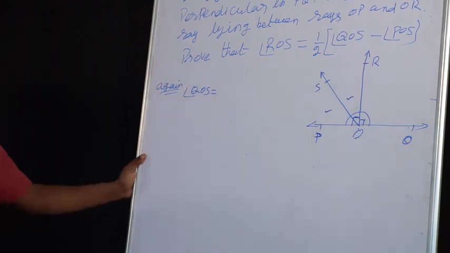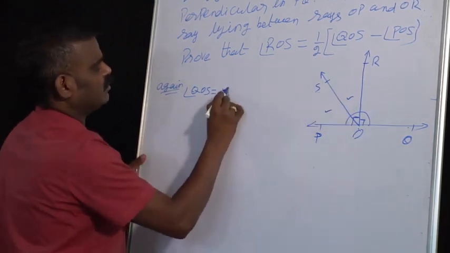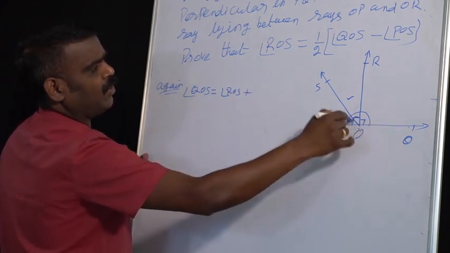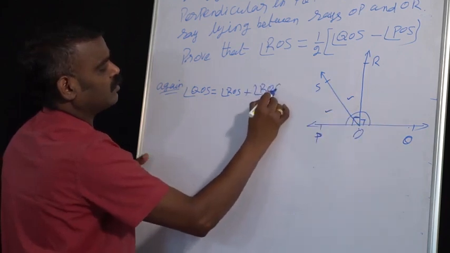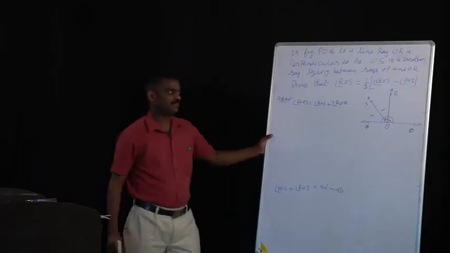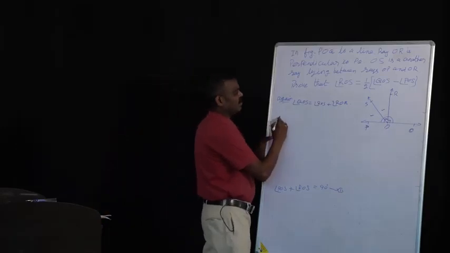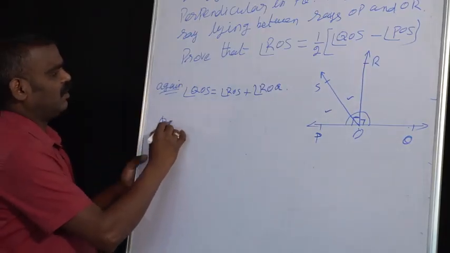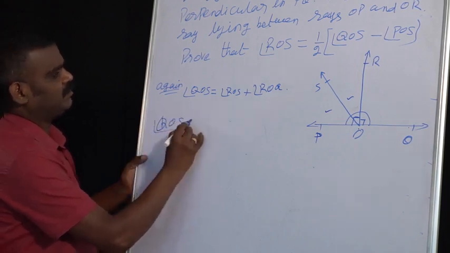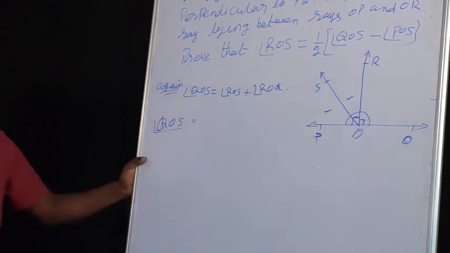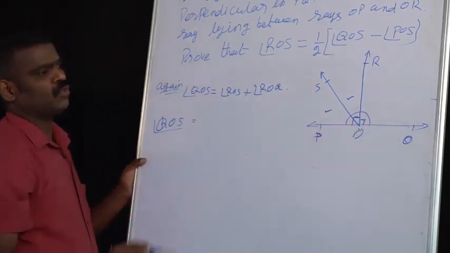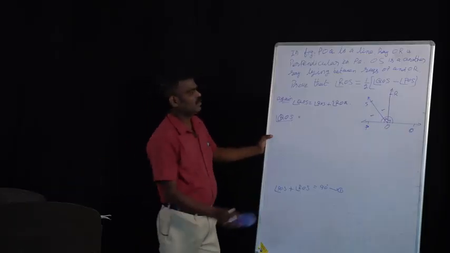Angle ROS plus angle ROQ. Now from angle QOS, we are going to minus which one?